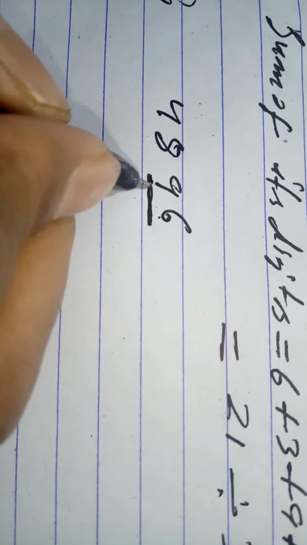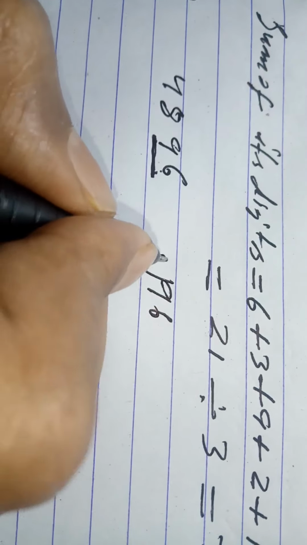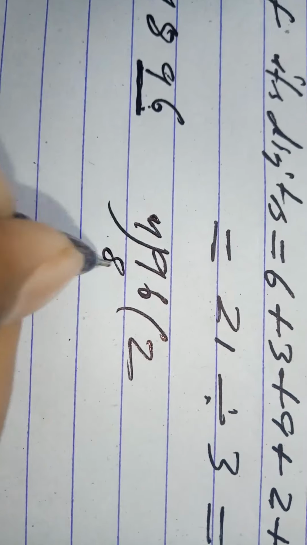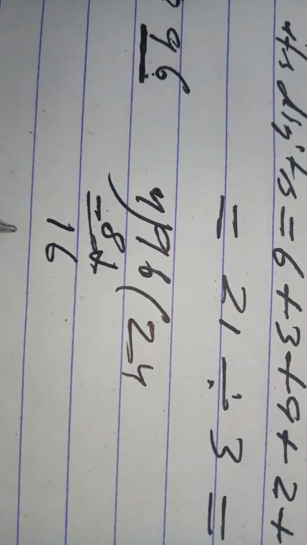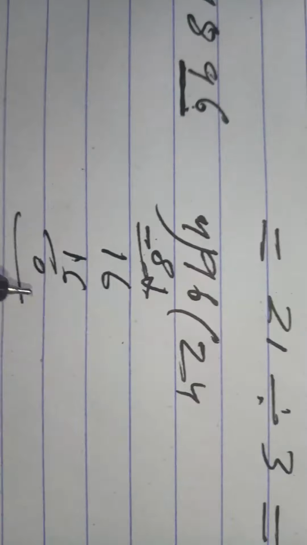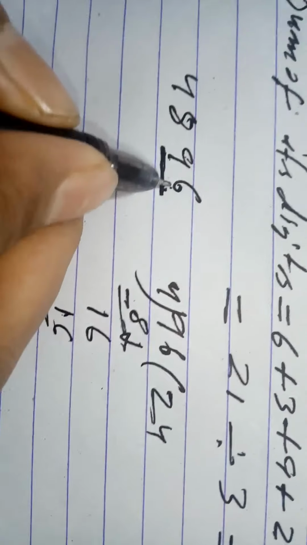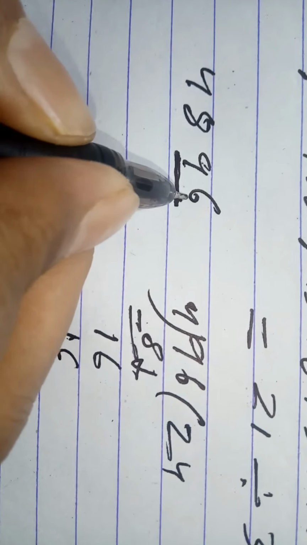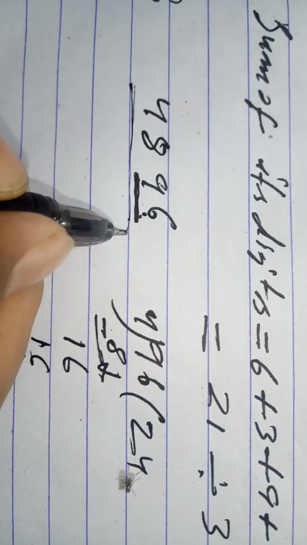The number is 96. 96 divided by 4: 4 twos are 8, 16, 4 fours are 16. You can see here 4 divides 96 completely. It has no remainder. So 96 is divisible by 4. So the given whole number is divisible by 4.